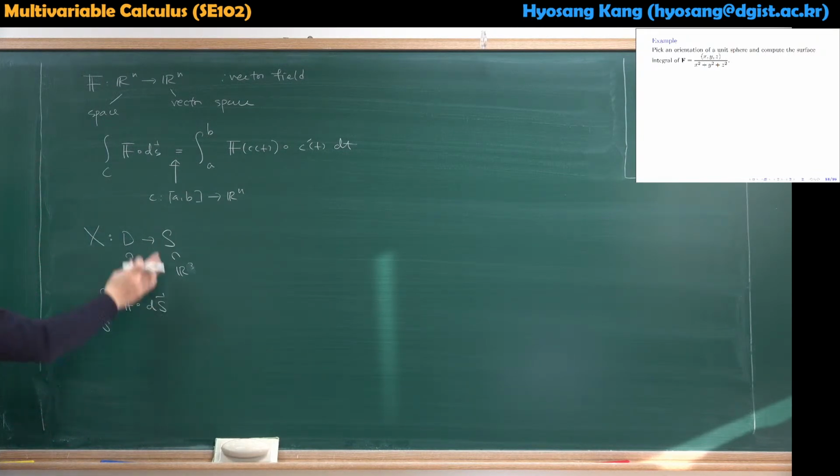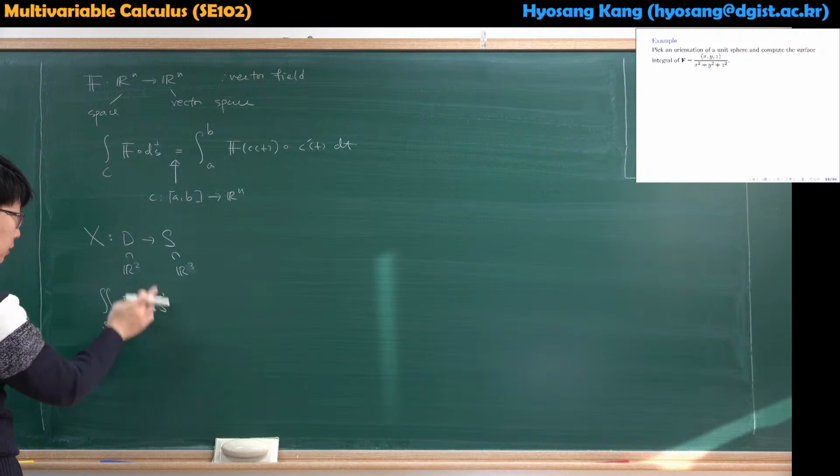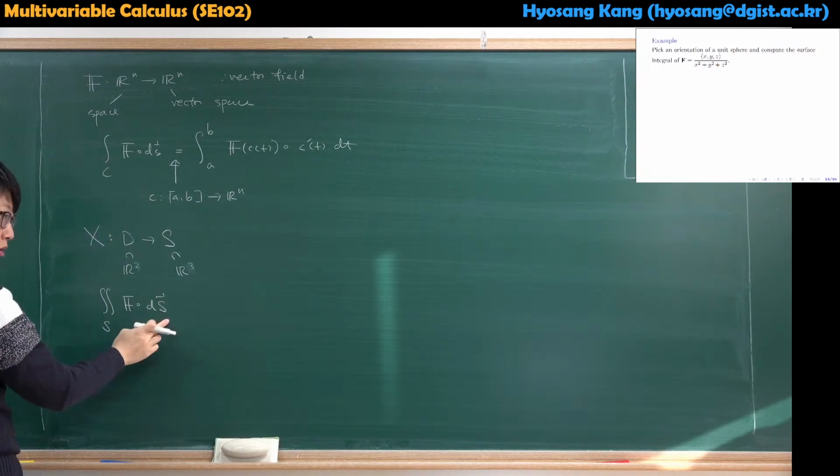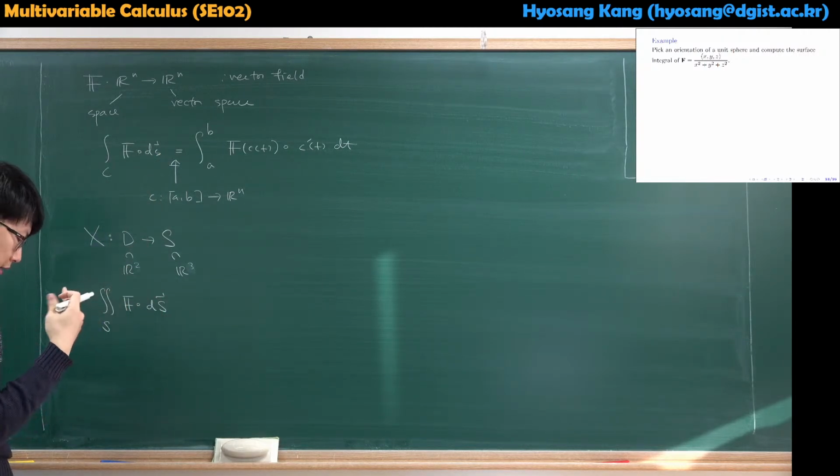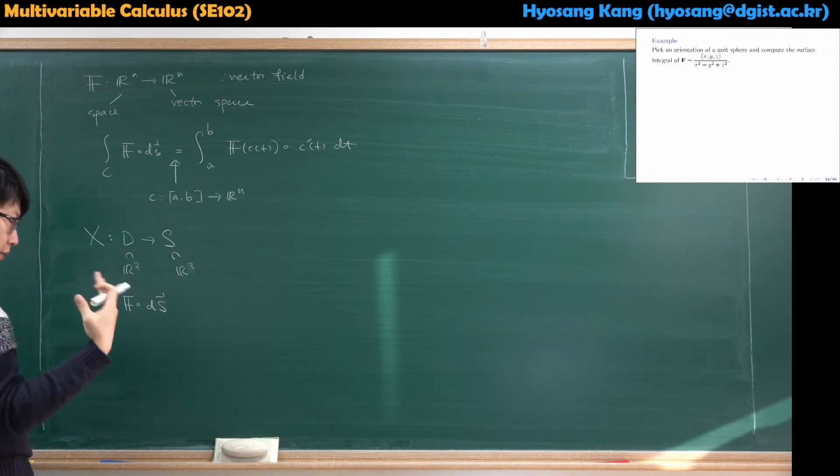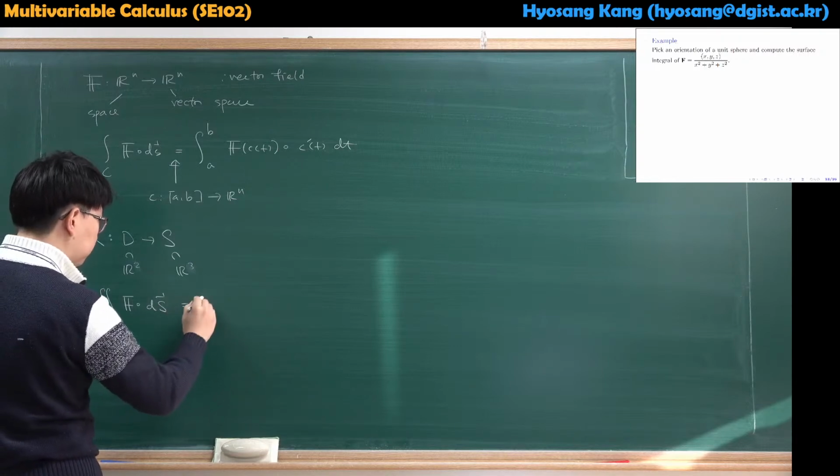The notation is a little bit different from line integral. Instead of small s here, we have large S, meaning that it's the normal direction to the surface. And we're taking inner product with a vector field f.